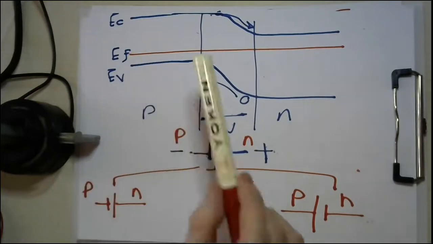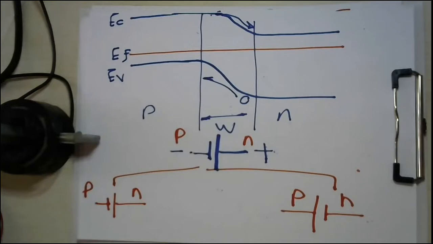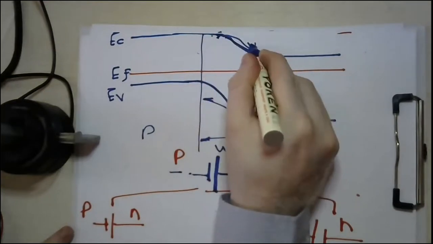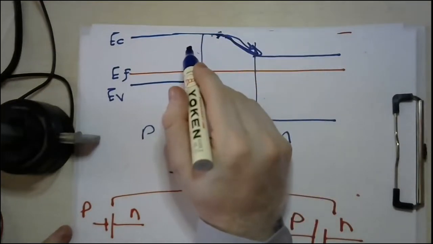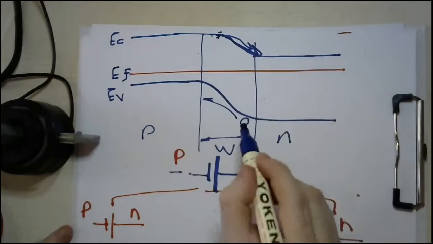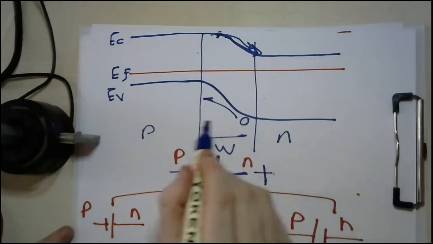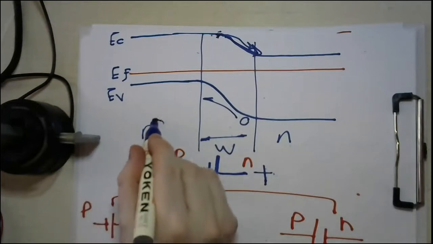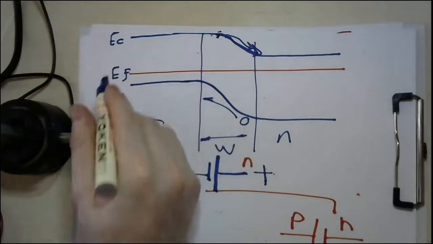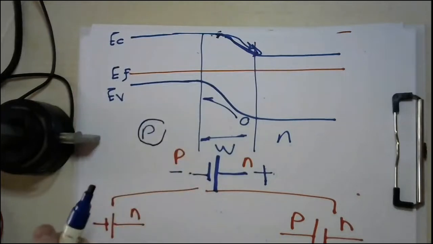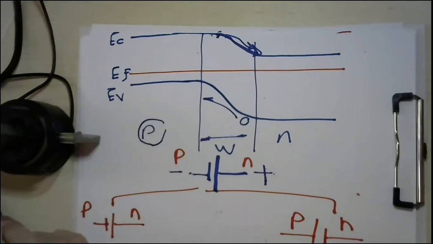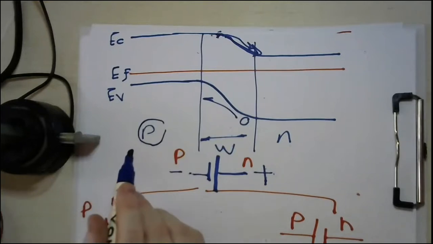So what you are going to imagine is as follows. Due to this battery, electrons will move from the left-hand side, as you can see, to the right-hand side. And holes will move from the right-hand side to the left-hand side. But please don't forget that in the left-hand side, electrons are very, very few because it's a P-type material.